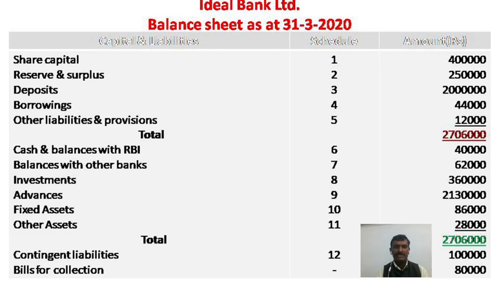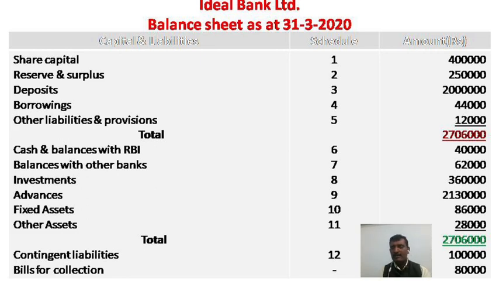Likewise we have the assets part. As far as assets are concerned, we have cash and balances with RBI, balances with other banks, money at call and short notice, investments, advances, fixed assets and other assets. These are the amounts to be extracted from the respective schedules prepared prior to this balance sheet. The total assets here are 27,06,000, and after this we have to take the contingent liabilities.